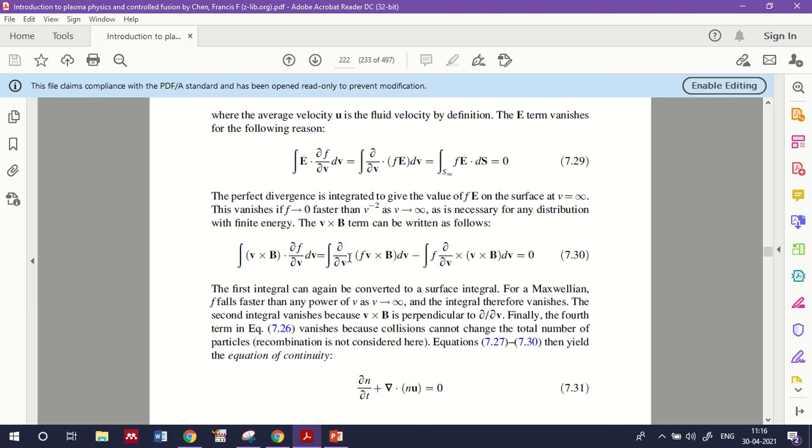Dou by dou v dot fv cross b is like writing dou by dou v, fv cross b cos theta, where theta equals 90, so this equation becomes 0. If two vectors are perpendicular to each other and we take the divergence of that, then this term will be 0.